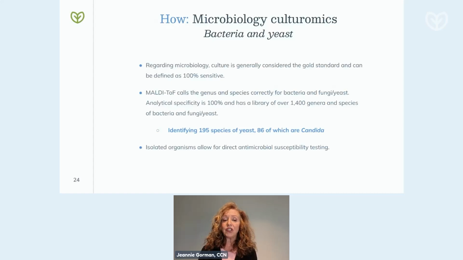Next is the microbiology culturomics. I encourage you to Google culturomics and see how important that is for the microbiome. Very interesting information out there. We're culturing bacteria and yeast using our identification method of MALDI-TOF, which is a very specific identification library of many, 1,200 organisms that we can identify.